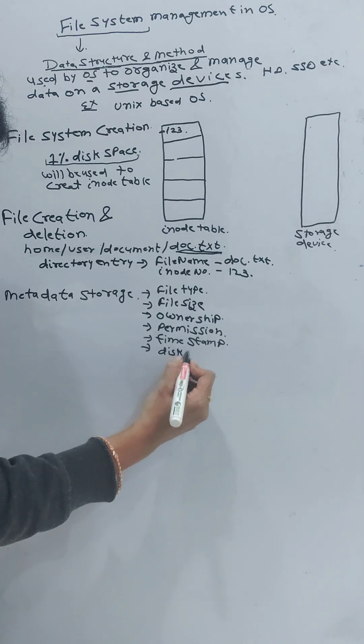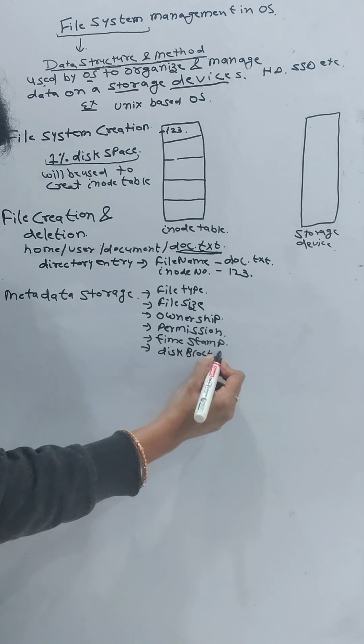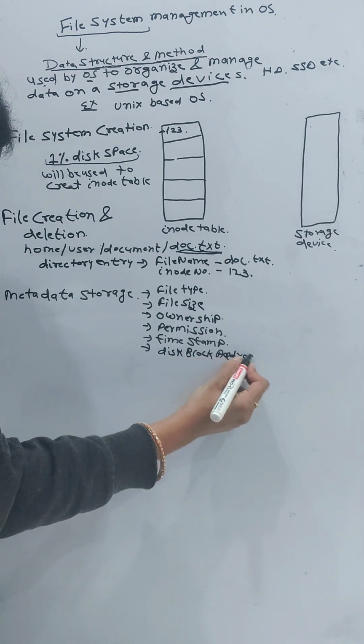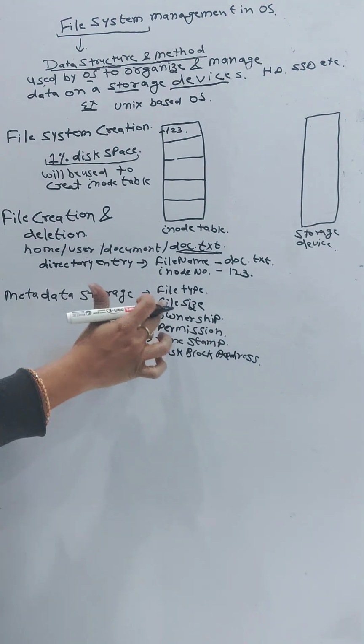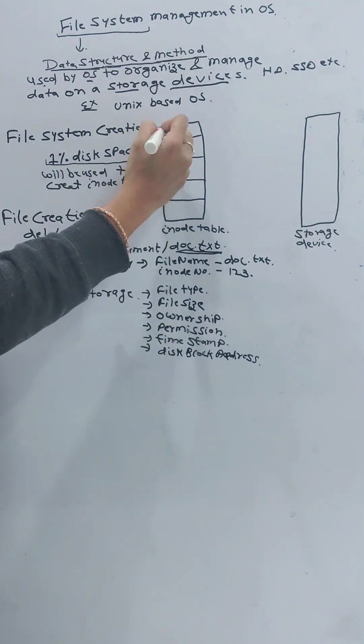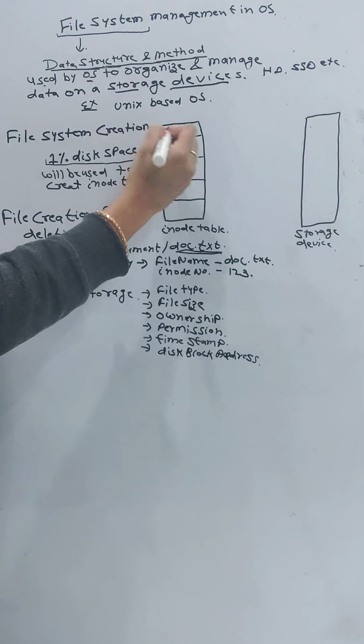Disk block address. So all this information about the file will be stored in our inode table.